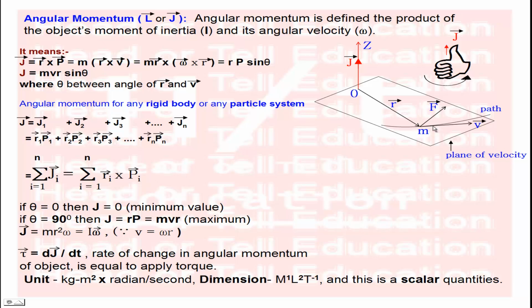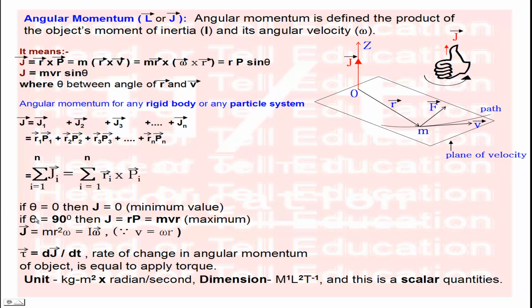So here this is the path of the particle, this is the mass, this is the velocity, and this is the distance from axis R. The angular momentum direction is upward according to the thumb rule.